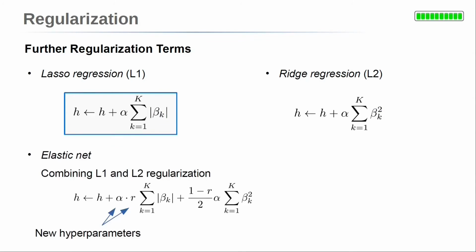Of course, L1 and L2 regularization terms can also be combined, which gives a so-called elastic net regularization. Here you have two new hyperparameters, alpha and r. They control the contributions of L1 and L2 term to the cost function.